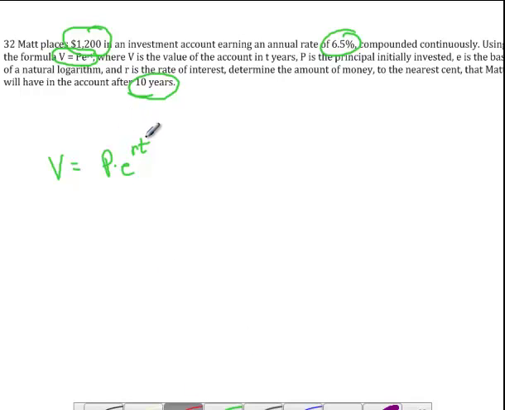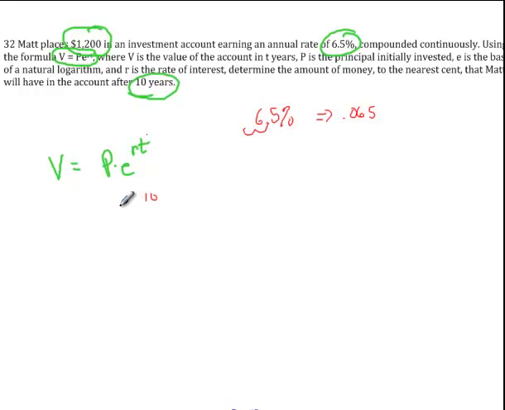A time of 10 years goes in T. My rate is 6.5%, but that means 6.5 per 100. So when I change that into a decimal, it's 0.065 because I have to move the decimal over twice. So my rate is 0.065. E is E, and P is the principal initially invested, which is 1200.